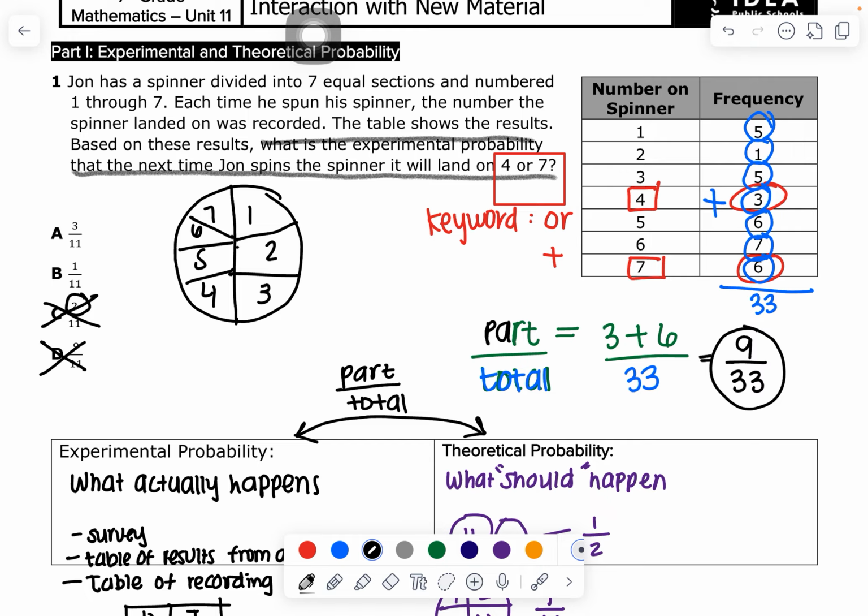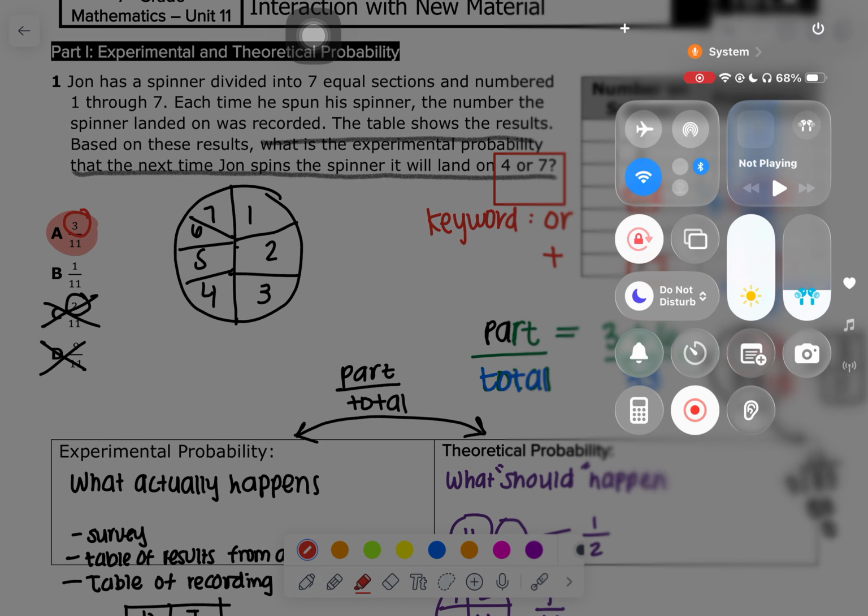So it's either A or B. Let's try dividing by 3. 9 divided by 3 and 33 divided by 3 gives 3 over 11. And just as a side note, if you don't know how I got 11, 33 divided by 3 is 11. So my answer is 3 over 11. That was a long video, sorry.